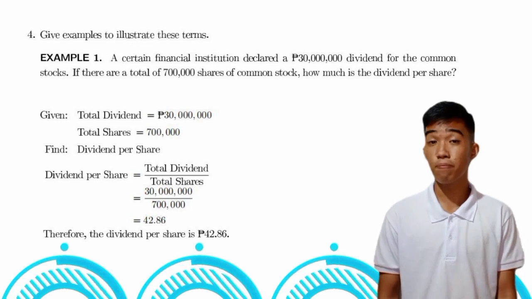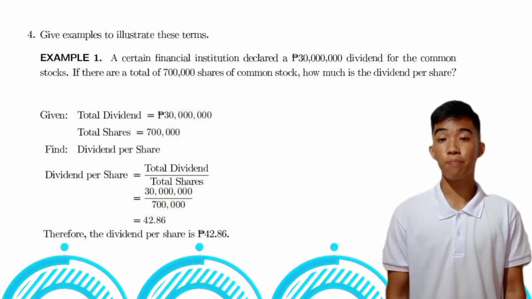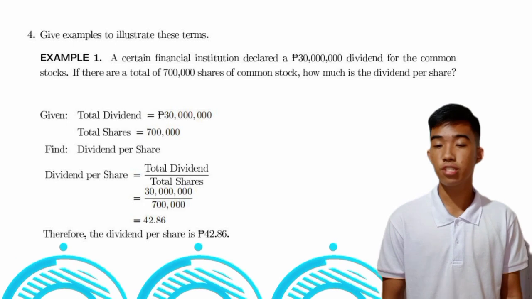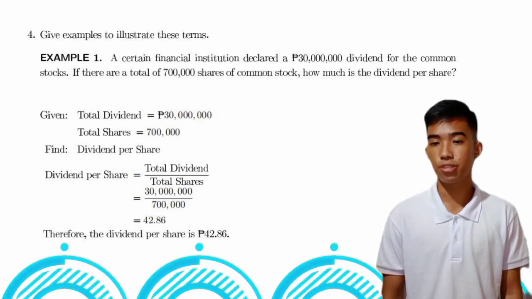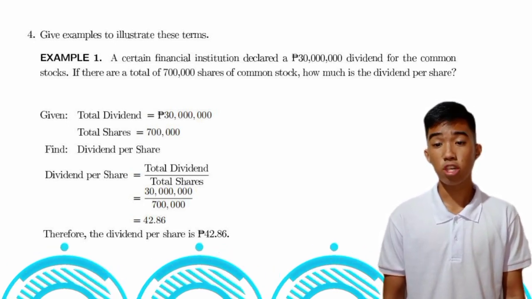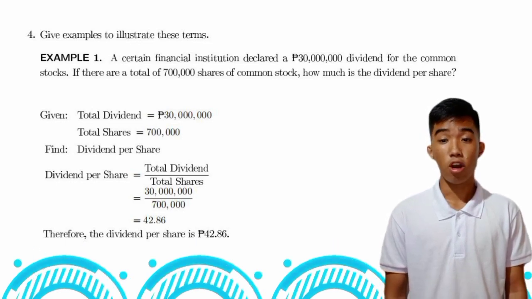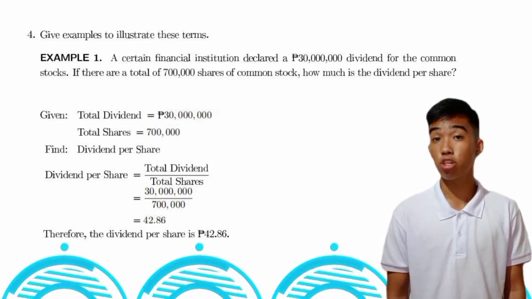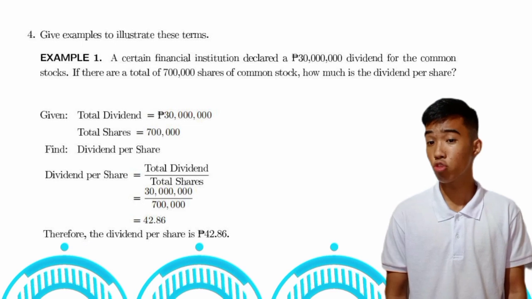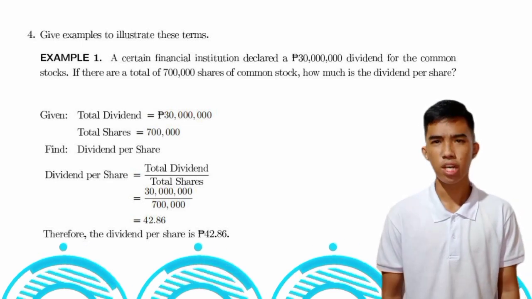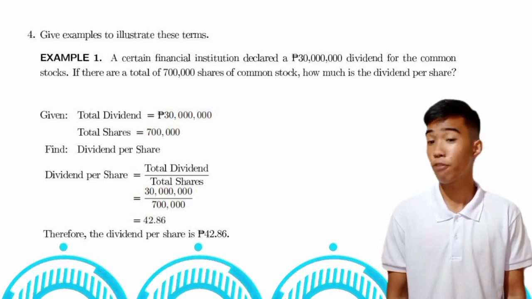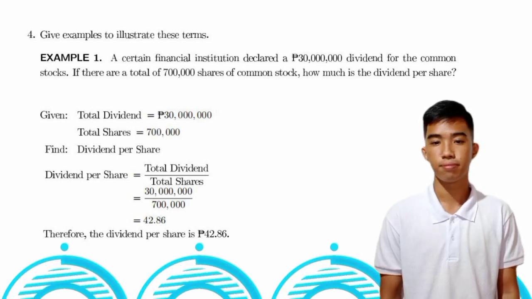Find the dividend per share. Dividend per share equals total dividend over total shares. That is 30 million over 700,000 equals 42.86. Therefore, the dividend per share is 42.86 pesos.